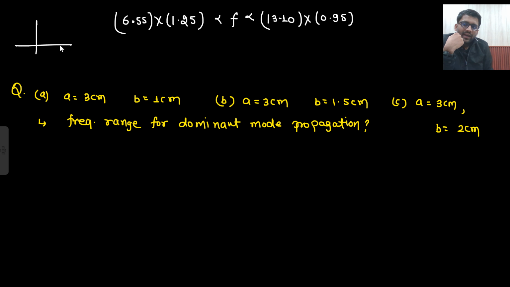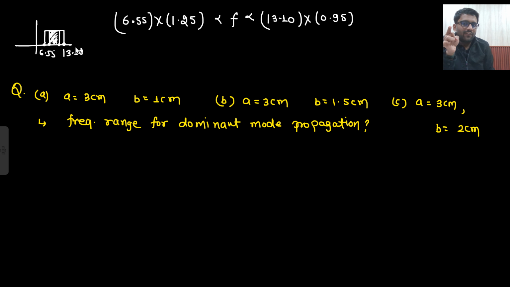What they mean to say is that ideally your range should be between 6.55 and 13.10. But just to be sure, I do not want to be at the boundary. So I will go ahead by some amount and stop before by some amount. That range I will take. This is what they are saying. Now what is this value? This value is 25% above 6.55. And what is this value?